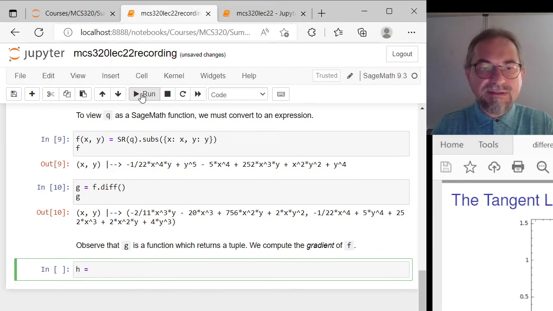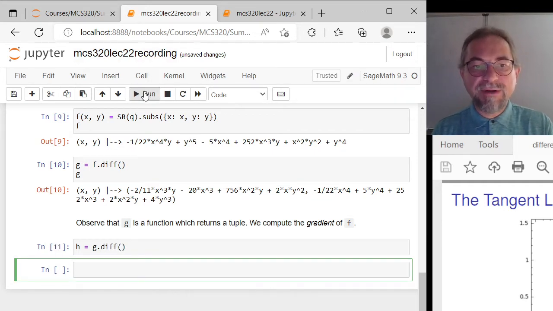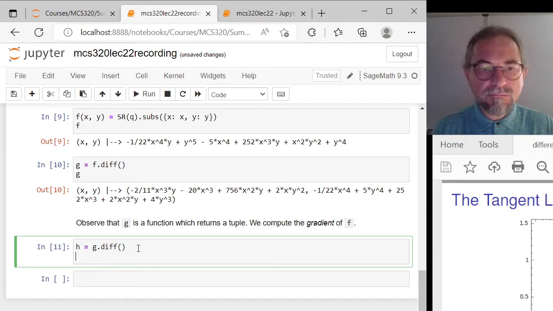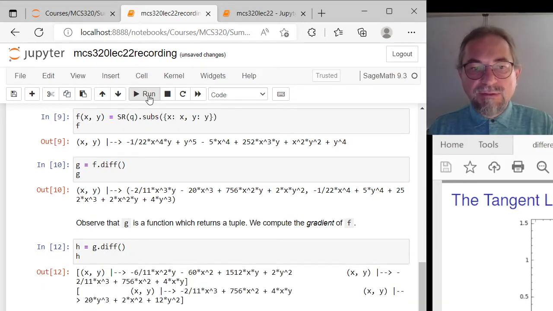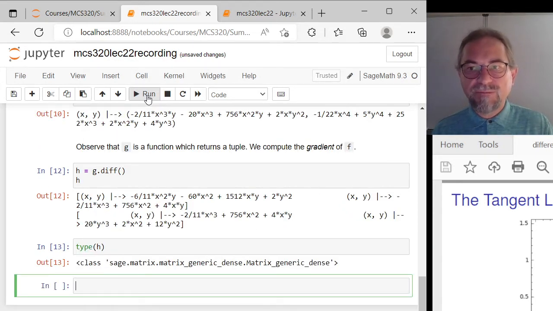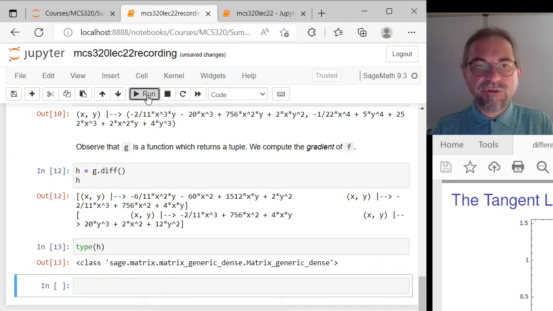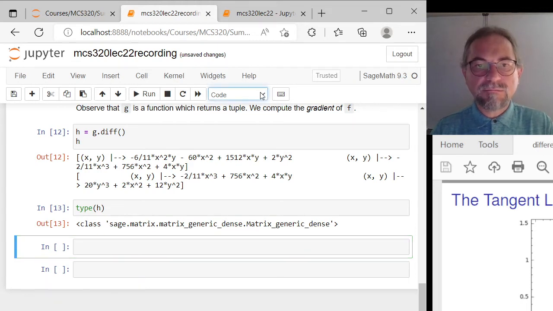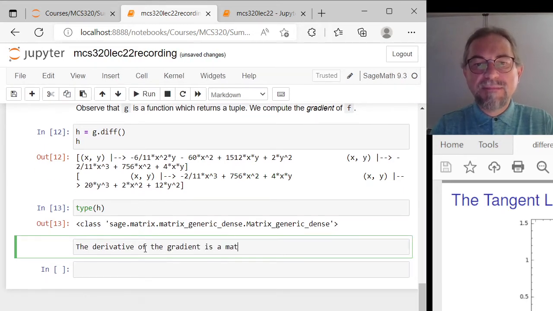In the same fashion, I can take the derivative from the gradient. And you see then that the type of h is now different. What I have is now a matrix of functions. So the derivative of the gradient is a matrix.